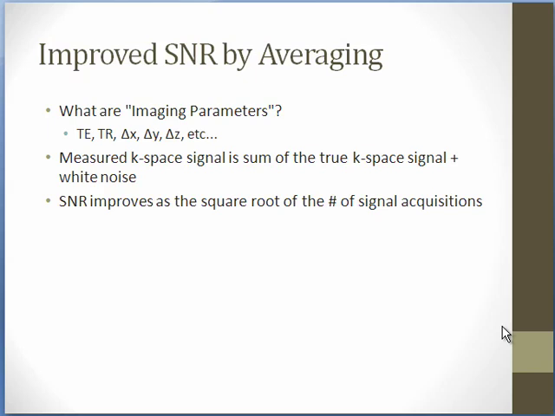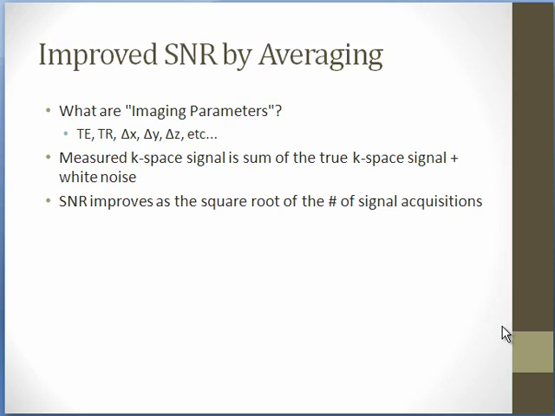So then, let's say for example I go from 4 to 16, I then again double my SNR, but I've increased my scan time by 16 times from the original 1 acquisition.